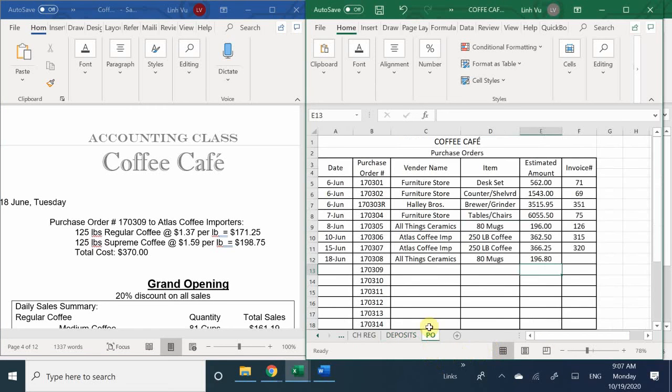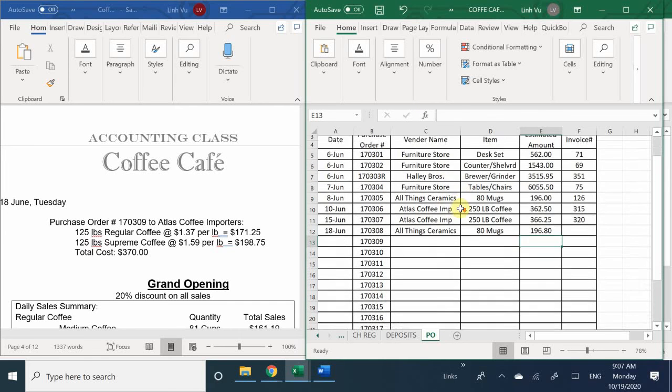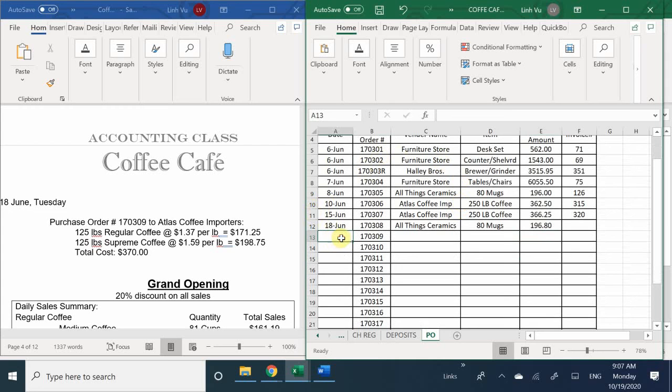Because as inventory manager, you need to keep track of all the things that you've purchased, and also everything that you received, so you don't pay too much and you know who you owe. Right? Same date here, invoice number 309. To whom are we doing a purchase order? Atlas Coffee.